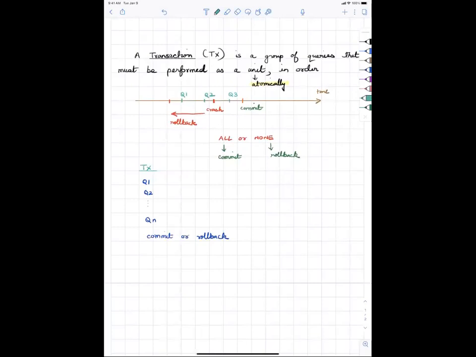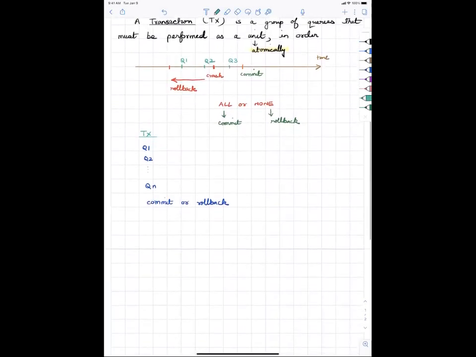So databases must satisfy a bunch of properties, and these are called the ACID properties.